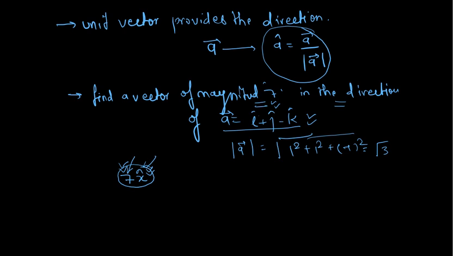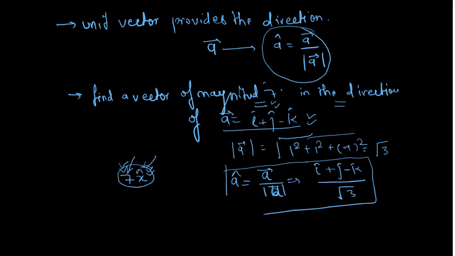So if we calculate the direction of a vector, we call it the unit vector of a, which is a vector divided by modulus of a vector. We write i plus j minus k divided by square root of 3. This is the unit vector. Unit vector means this is the direction of a vector, and if you calculate its magnitude, you will get 1. So a cap has magnitude 1, and it is a direction only.